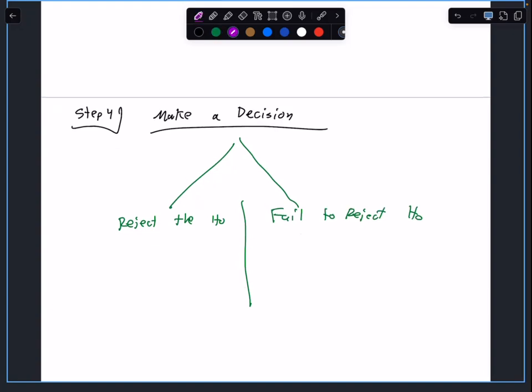I'm going to write a couple of symbols that might not make any sense to you right now, but I'll explain. We reject if PV is less than alpha. I'll tell you what that means in a little bit. And we accept if the PV is greater than alpha. I know, what the world does that mean? What is alpha? Well, we know what PV is, but what is alpha?